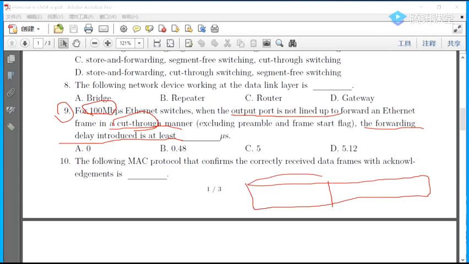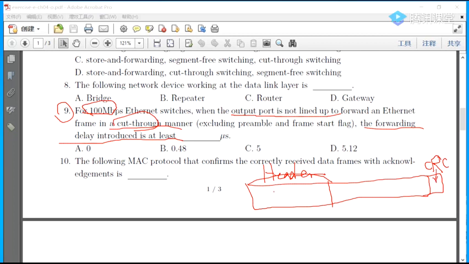This is a header of a frame, and this is a CRC code. This is the CRC code.